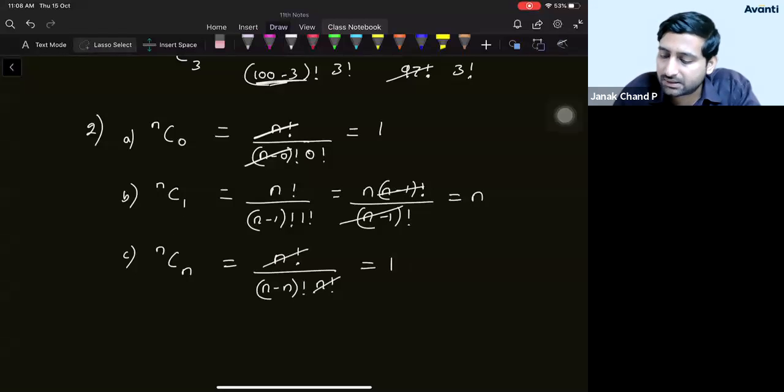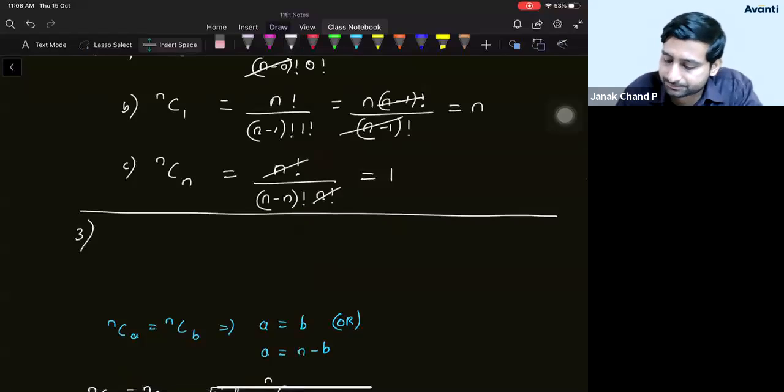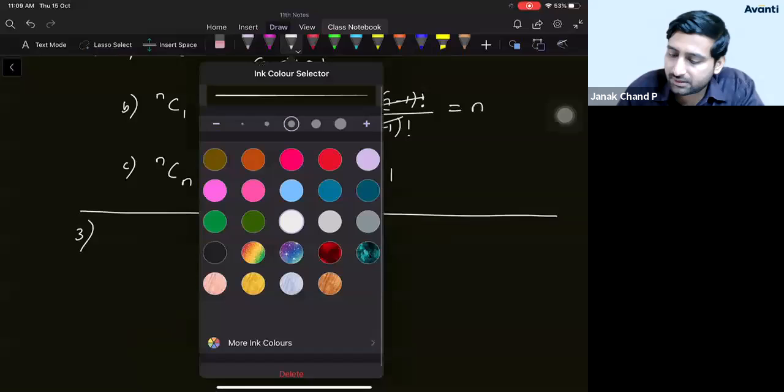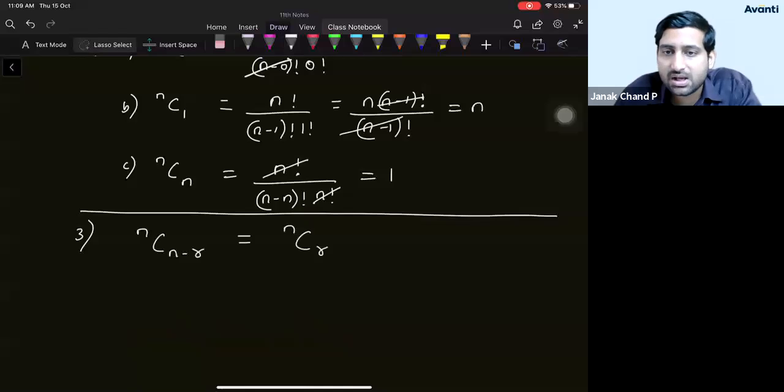Okay, fine. Next, the third important property is this. This is also a very, very important property, this formula. Let me write it. The formula of nC(n minus r) is exactly the same as the formula for nCr. Yes, we already know the formula of nCr, but the formula of nC(n minus r) is also exactly the same as this.